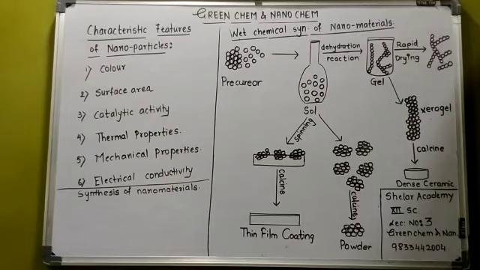Third, it is the aging of the gel, meaning during that period the gel is transformed into a solid mass. After that, drying of the gel, in which the water is removed from the gel network. And the next is the dehydration, where it is heated up to 800 degrees Celsius.